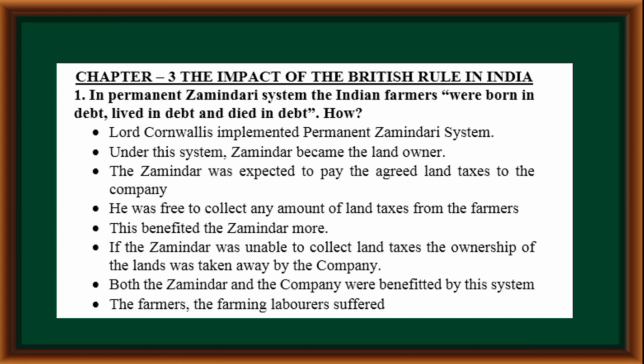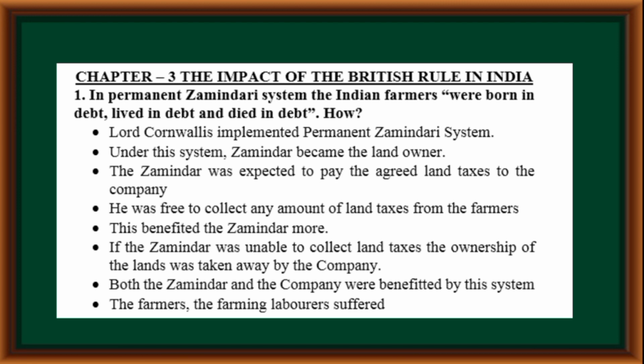In the permanent zamindari system, the Indian farmers were born in debt, lived in debt, and died in debt. How? Lord Cornwallis implemented the permanent zamindari system. Under this system, the zamindar became the landowner. The zamindar was expected to pay the agreed land taxes to the company.